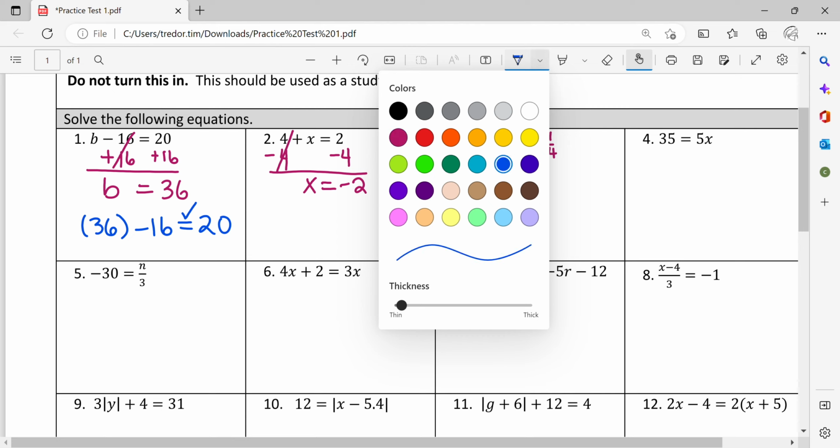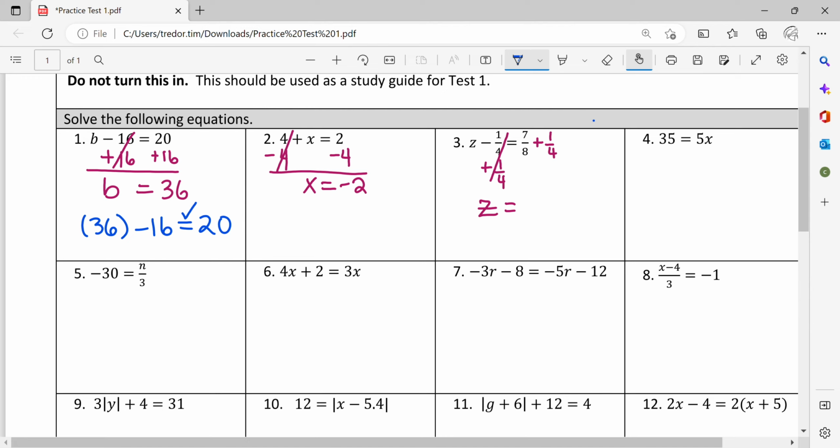The lowest common denominator is going to be 8. So we can turn this 4 into an 8 if I multiply it by 2. I'm only allowed to do that if I also multiply the top by 2, so we're not really changing the value of that 1/4. We're just changing its appearance.